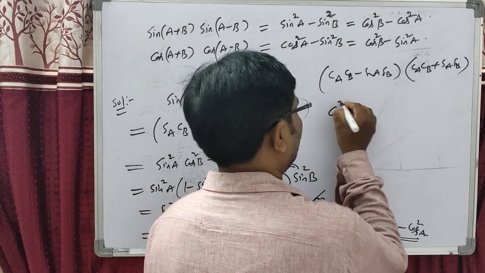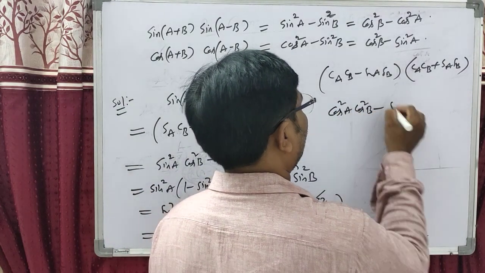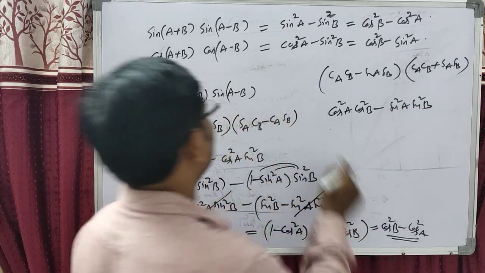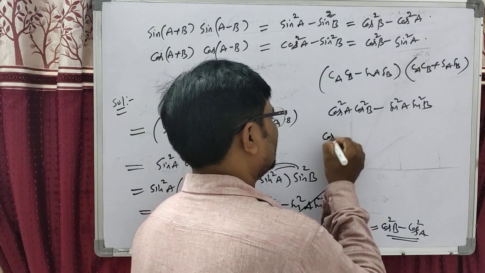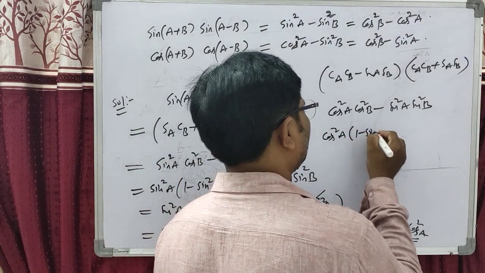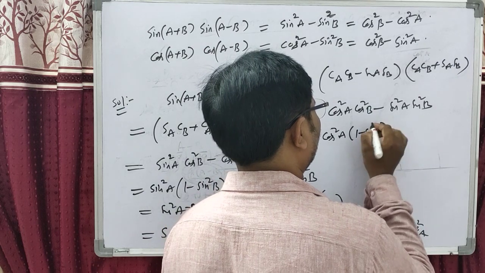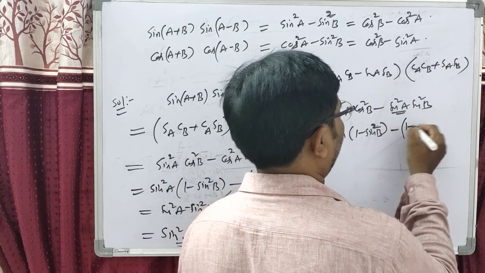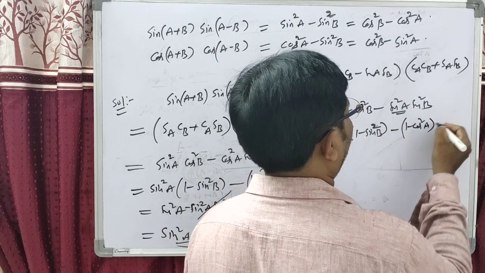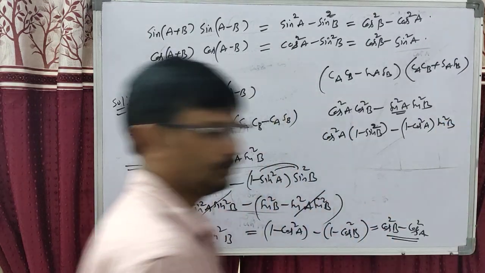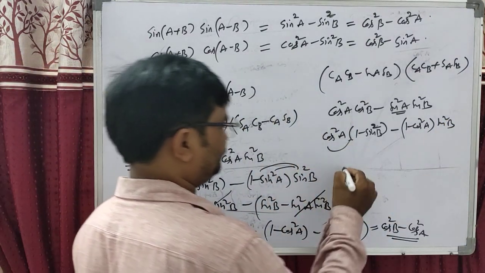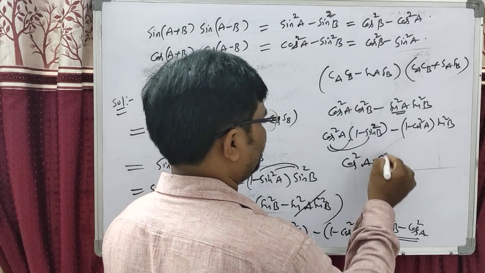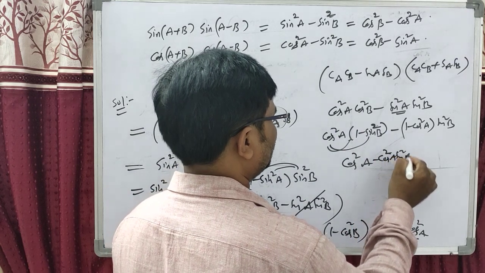This is cos square A cos square B minus sin square A sin square B. Dear students, we can write cos square B as 1 minus sin square B, and sin square A as 1 minus cos square A, times sin square B. After the multiplication, dear students, this is cos square A minus cos square A into sin square B.